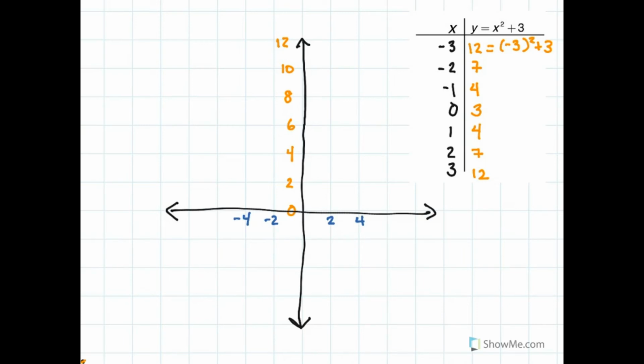Now when I plot these points, (-3, 12), (-2, 7), (-1, 4), (0, 3), (1, 4), (2, 7), and (3, 12).